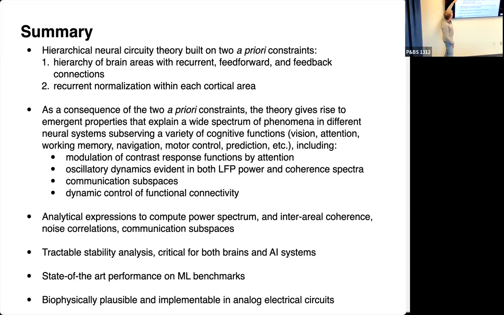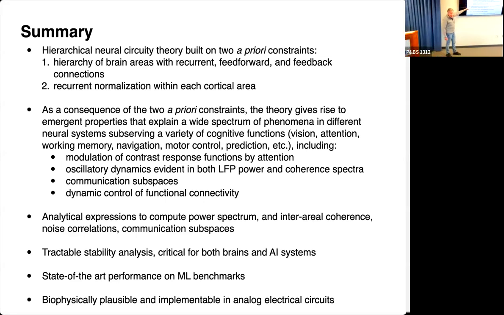For things that neuroscientists and psychologists measure, like the modulation from attention in both behavior and neural activity, oscillatory dynamics in the power spectrum, and the coherence spectrum between brain areas, what neuroscientists call communication subspaces, and dynamic control of functional connectivity. And noise correlations. That's all because we have this analytical tractability.